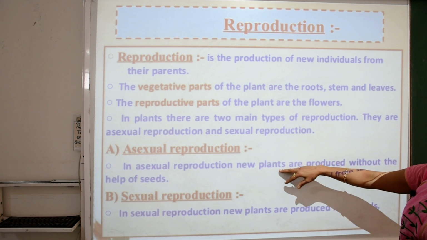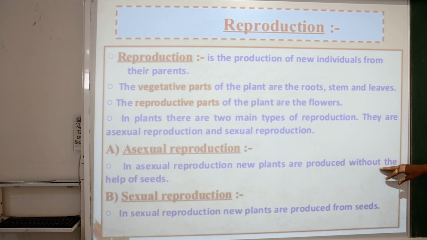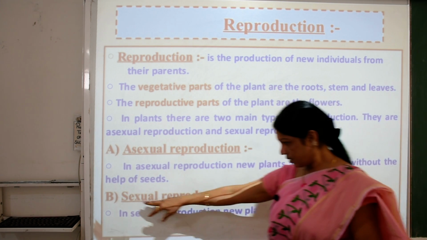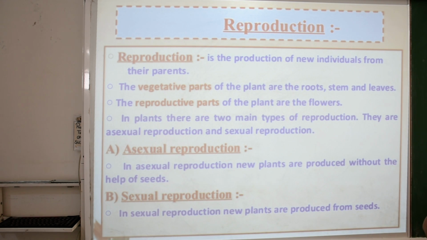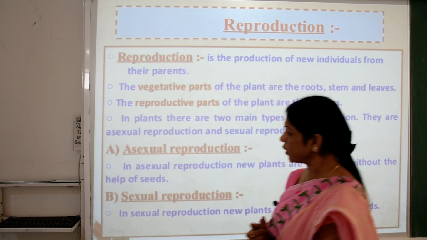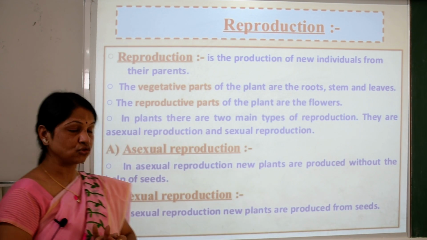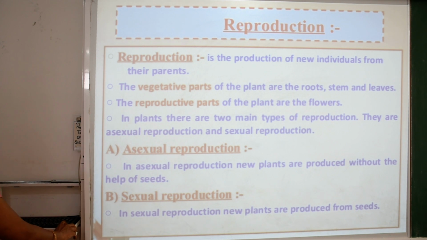In asexual reproduction, new plants are produced without the help of seeds. In sexual reproduction, new plants are produced from seeds.